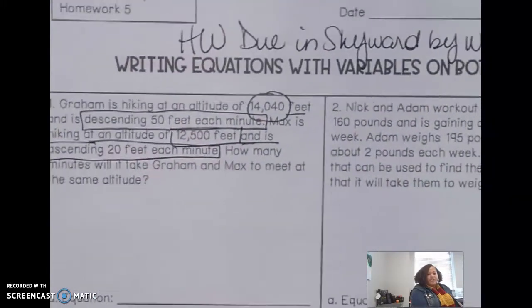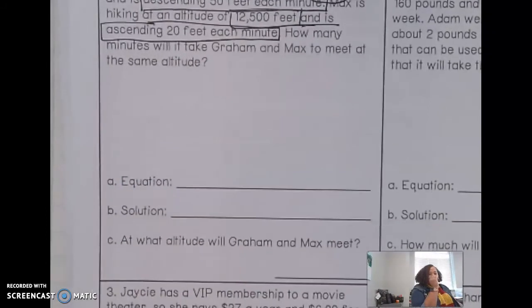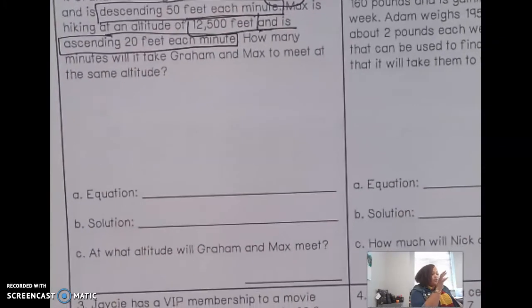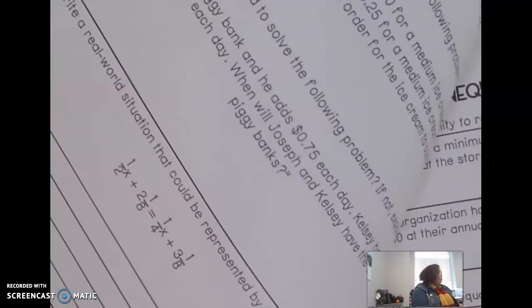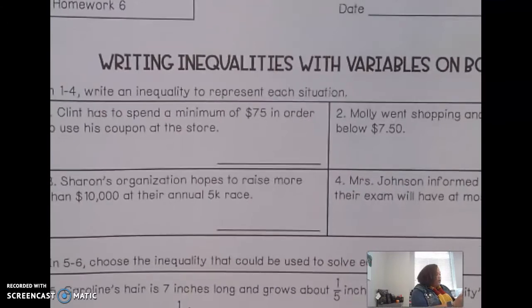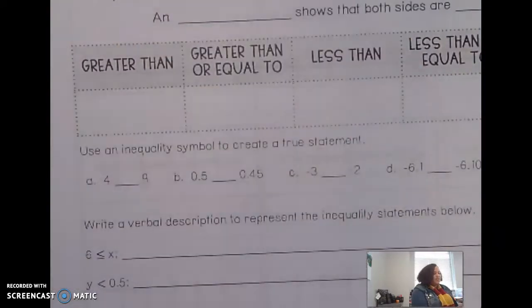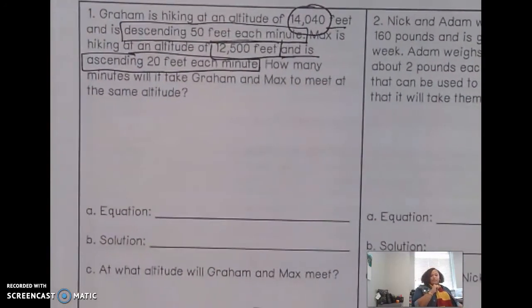So these are equations here. I must know how to write and solve them, but the inequalities I just need to know how to write. So I'm going to get you started on number 1, and then I'm going to work you through 2 through 5. And then on the inequalities paper, I'm going to go 1 through 8. So 5 plus 8, 13 questions. Those should go in Skyward. We'll talk about it in class.